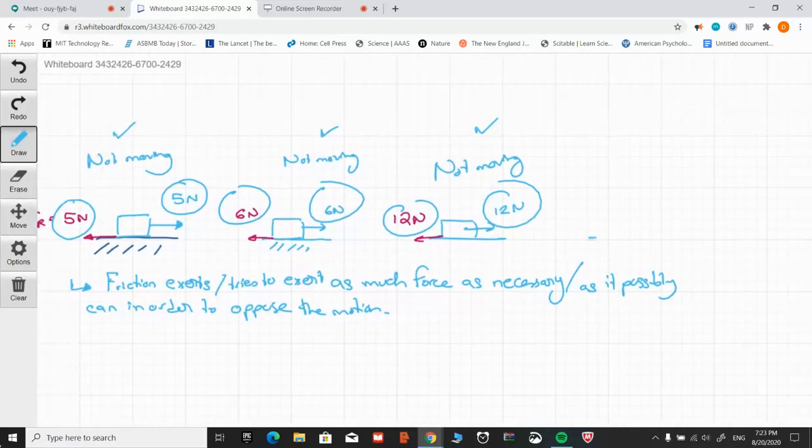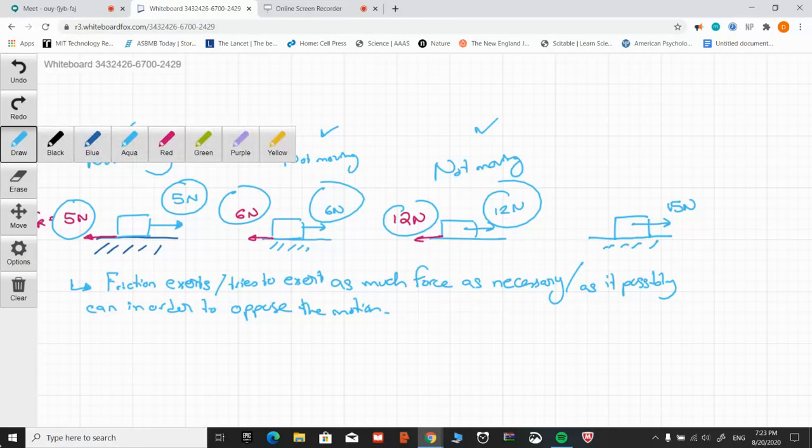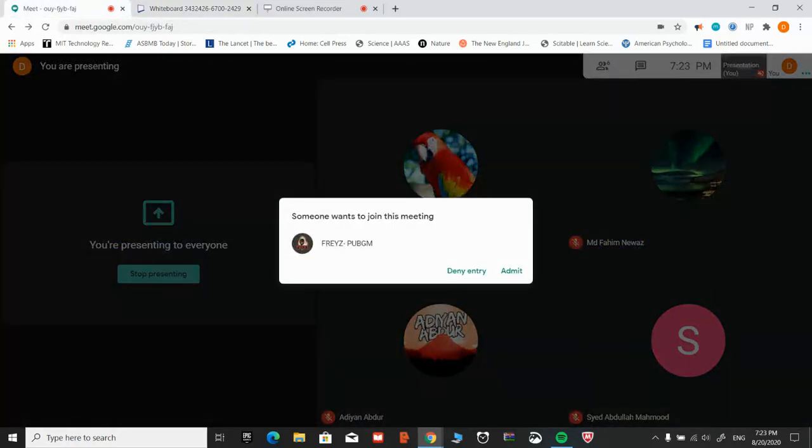But there always comes a time when you are strong enough, if you exert a strong enough force, the object starts accelerating or moving, okay? And even if it's for a few seconds, as you continue to exert the force, the object keeps on moving. And why is that the case?